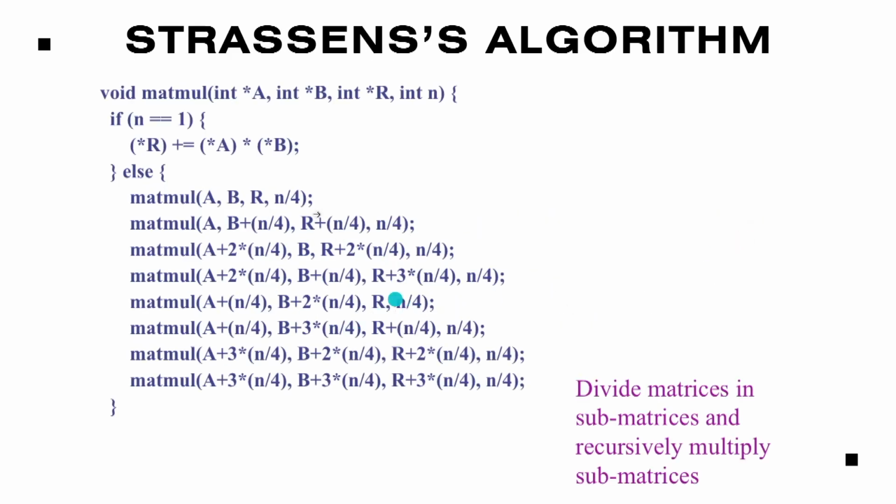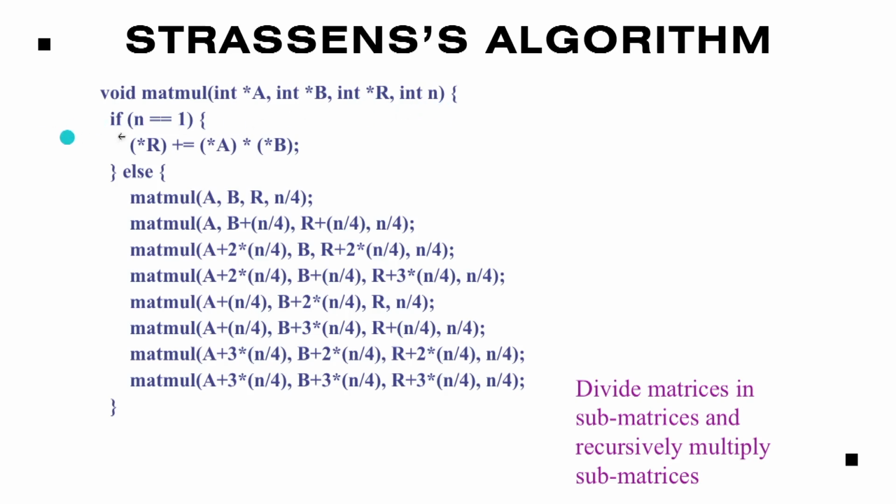So, in short, this Strassen's algorithm can be put up this way. We are doing a matrix multiplication of 2 matrices, namely A and B, and we are having pointers to them, and we are having the resultant as R, which is the pointer for the resultant matrix, and n represents the number of elements.